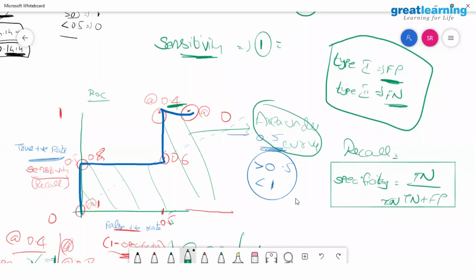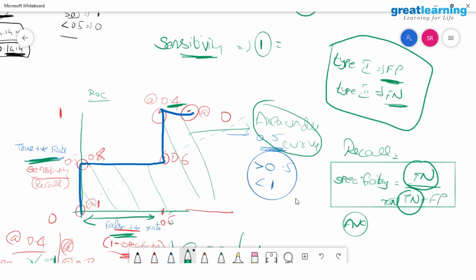I want to maximize the sensitivity value with very few false positives. The negative values I cannot handle using this AUC value. That is one drawback in this ROC AUC. I can only see the true positive and the false positive rate.